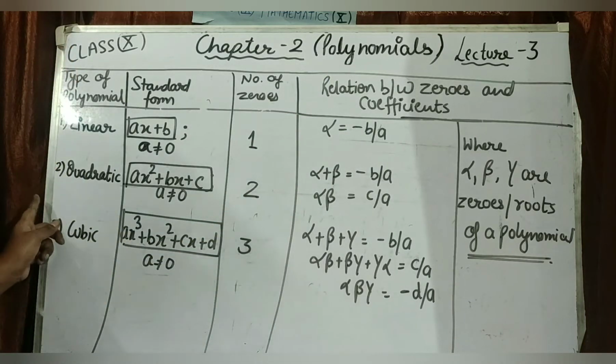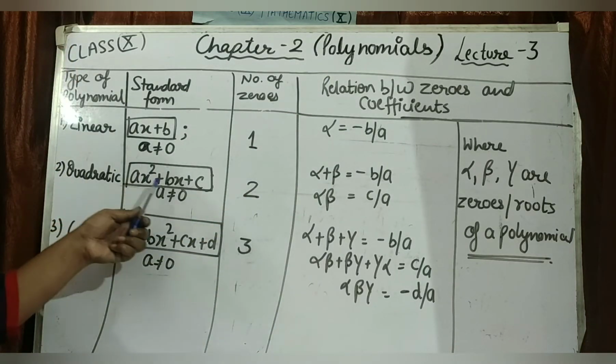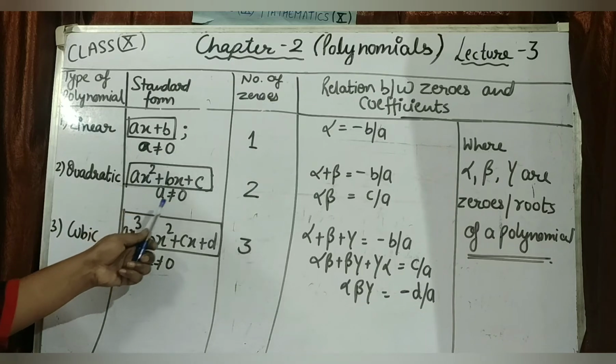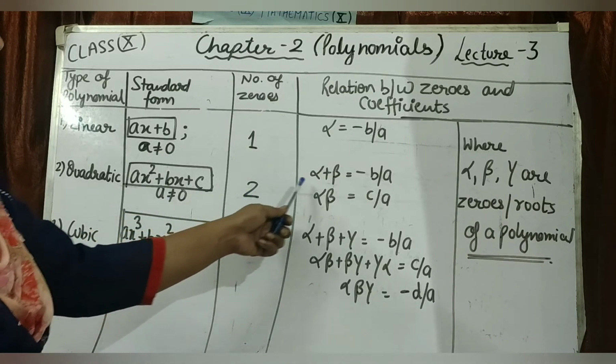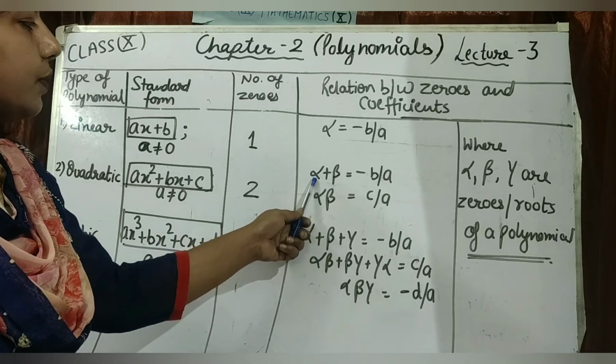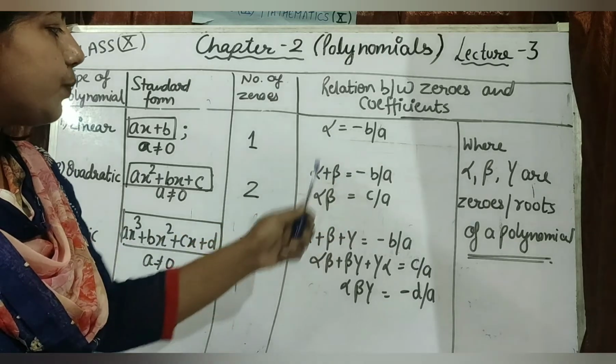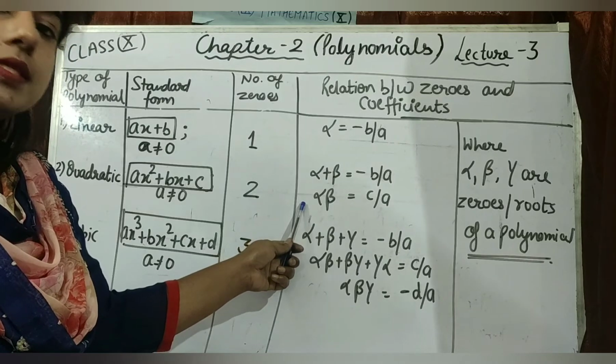Second is quadratic, that is ax square plus bx plus c, where a is not equal to 0, and the number of zeros is 2. The relation between them is the sum of zeros, alpha plus beta, equals minus b upon a, and the product of zeros is c upon a.